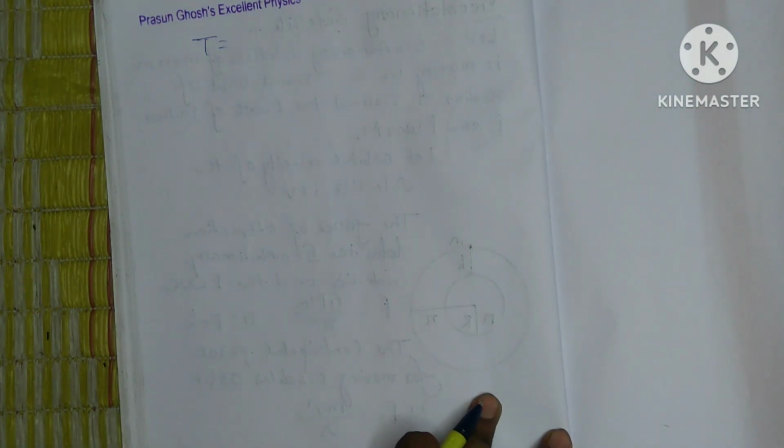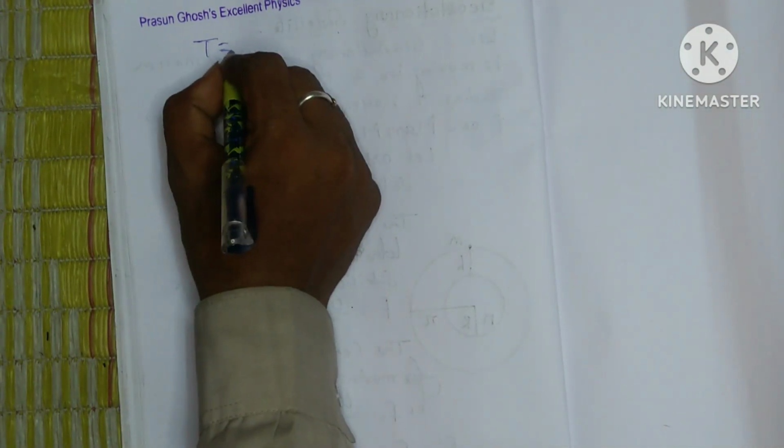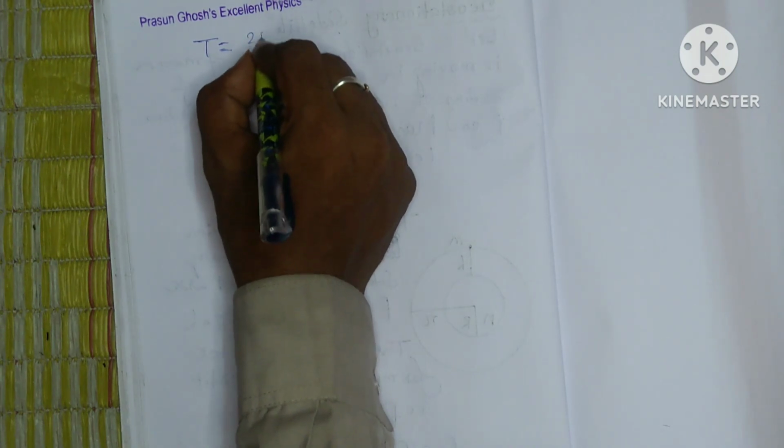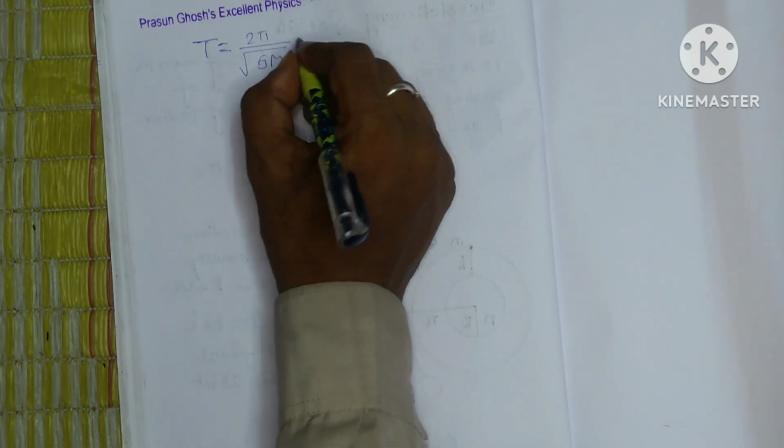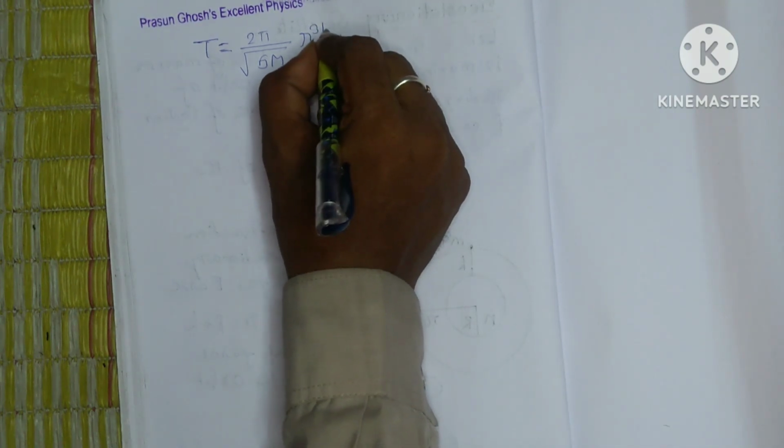So T equal to 2 pi r to the power 3 by 2 by root over GM.